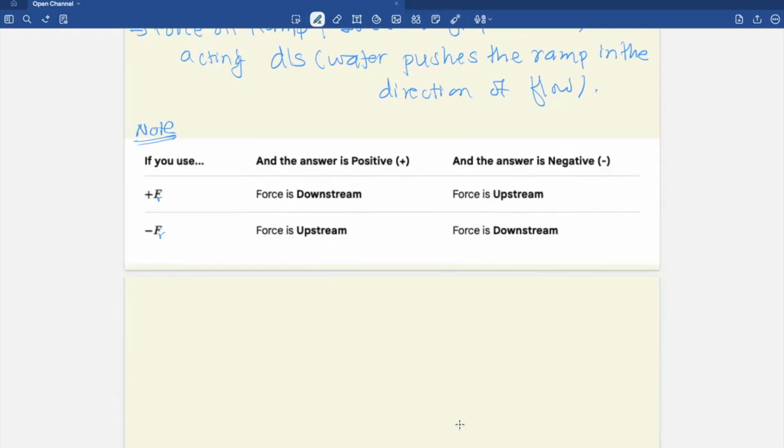And problem 3 was trapezoidal channels. We use hit and trial for computing the alternate depth, critical depth, and normal depth. And for problem 4, we use momentum, and you need to draw your control volume, identify all forces, and watch your sign convention.